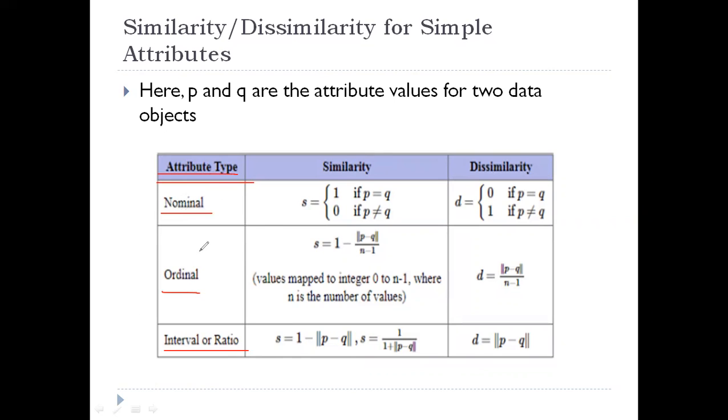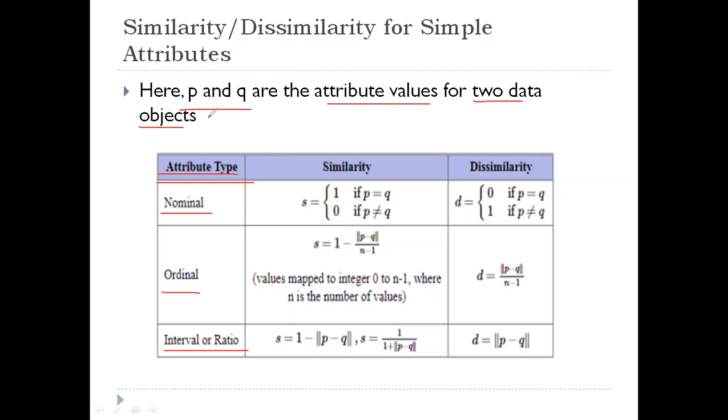Here we are going to know the formulas for similarity and dissimilarity of these attribute types, right? Assume we take P and Q. P and Q are the attribute values for two data objects.